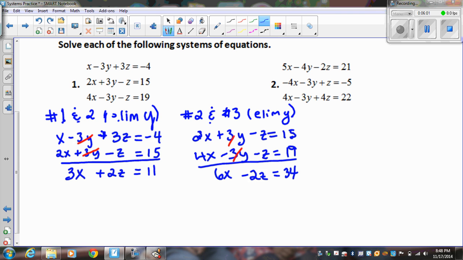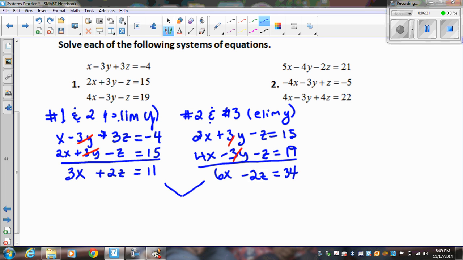Next, I'm going to take the two new equations and create a new system of equations. Now, in this case, this worked out quite nicely because I can very easily eliminate the 2z and negative 2z. They are already opposites of each other. If that weren't the case, I would multiply one or both of the entire equations by a factor that would then allow me to eliminate one variable.